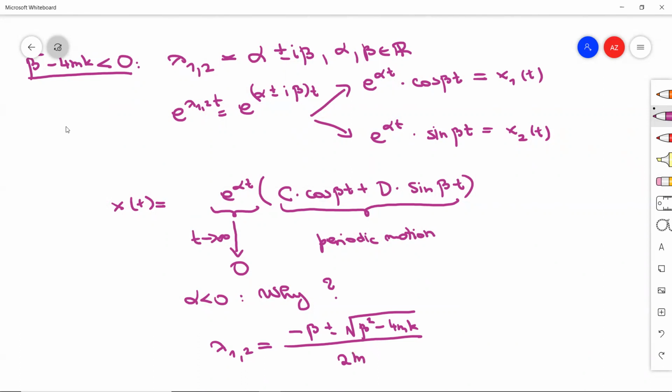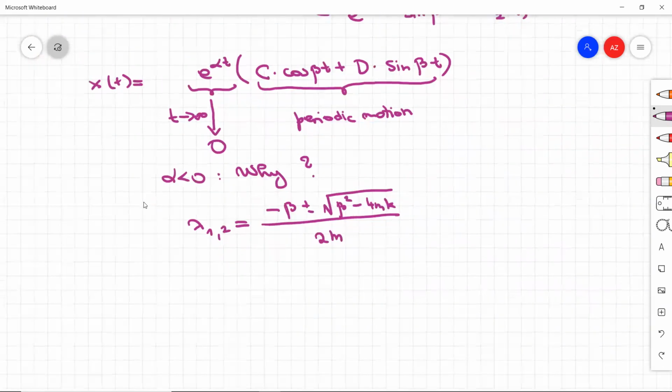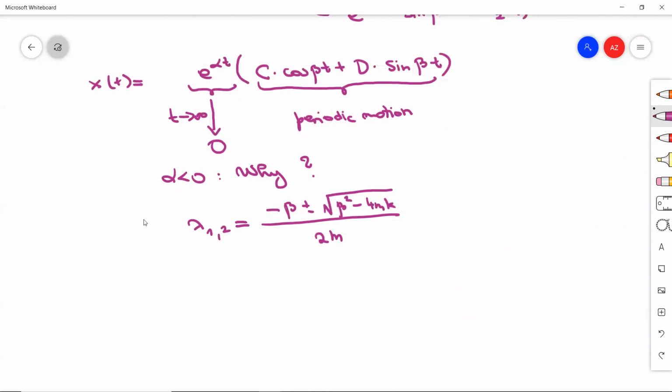So why is alpha smaller than 0? Yeah, plus the real part of this beta squared minus 4mk.